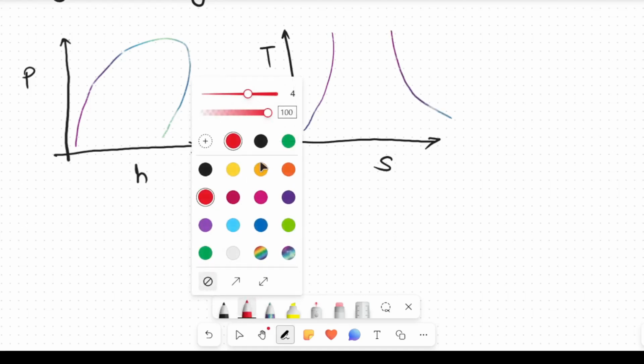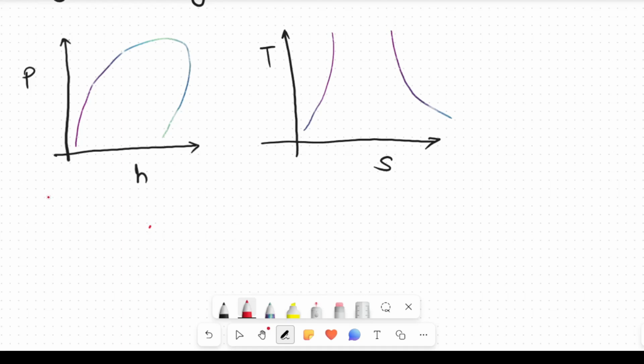Okay, so these two terms that I am discussing here: one is called subcooling, and second is called superheating.